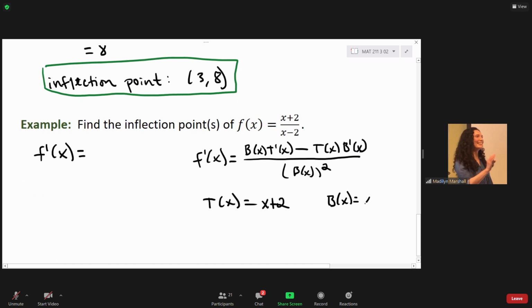The bottom is just x minus 2. And t prime and b prime. These are nice. This one looks like it might be kind of tricky to get the derivative, but t prime is just 1 and b prime is also just 1.